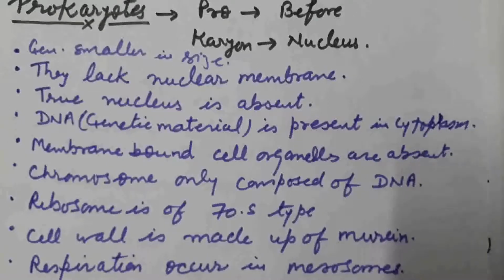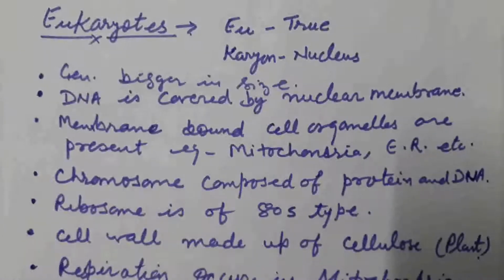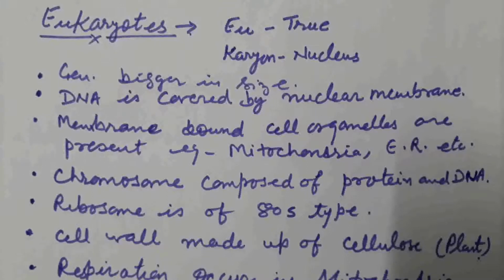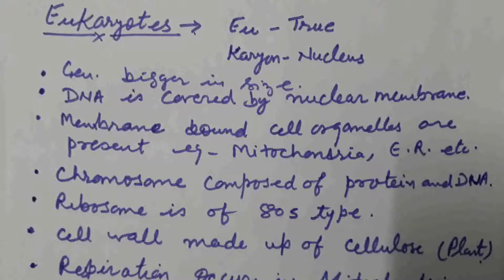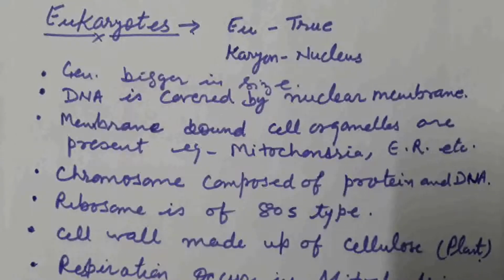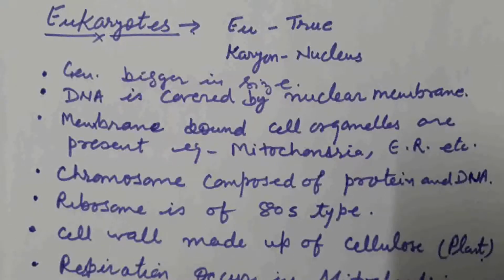Now we are going to discuss eukaryotic cell. Eukaryotic cell, as the name indicates, eu means true, karyon means nucleus. It means in eukaryotic cell true nucleus is present. What is true nucleus? That is in which genetic material DNA is covered by the nuclear membrane. Cell is generally bigger in size than the prokaryotic cell.